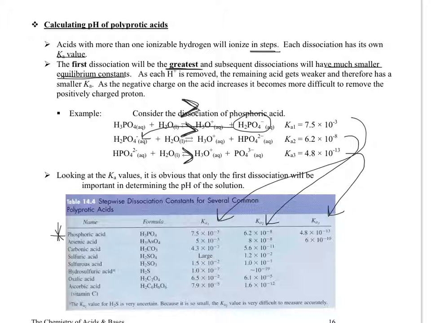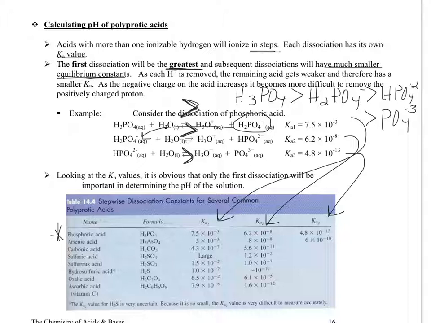So if they ask me to list these in order of their concentration, the H3PO4 is going to have the highest concentration because it's a weak acid, so just a little of it breaks apart to make some H2PO4. And then a tiny bit of that breaks apart into HPO4 negative 2, and then a tiny, tiny, tiny bit of that breaks apart into PO4 negative 3.